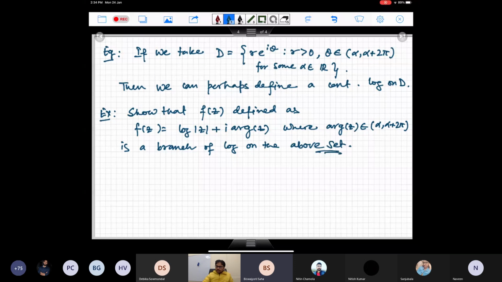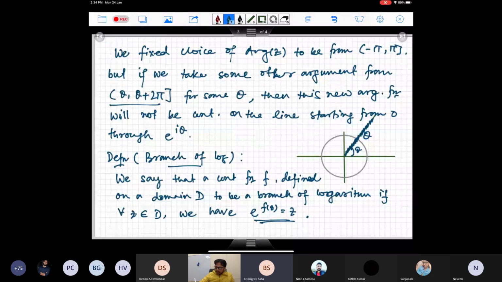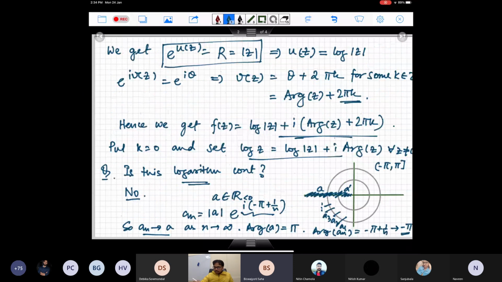So you can show that once I have removed this one line, then whatever the set I have, in that set the argument function becomes continuous. For example, if you don't want to complicate your life, you can just take the principal argument and remove the negative real axis, and then try to show that whatever logarithm I have defined over here is continuous on the set r e power i theta, r positive, and theta between minus pi to plus pi, both sides open.